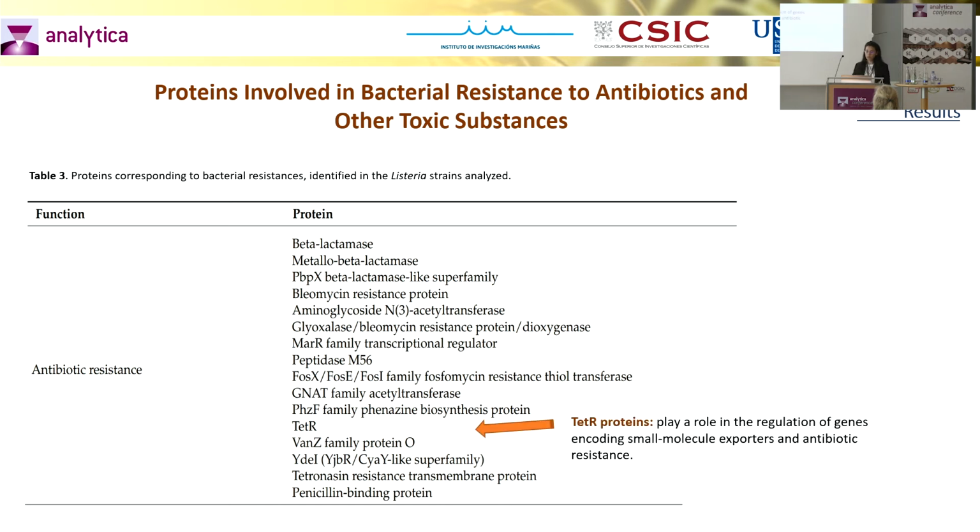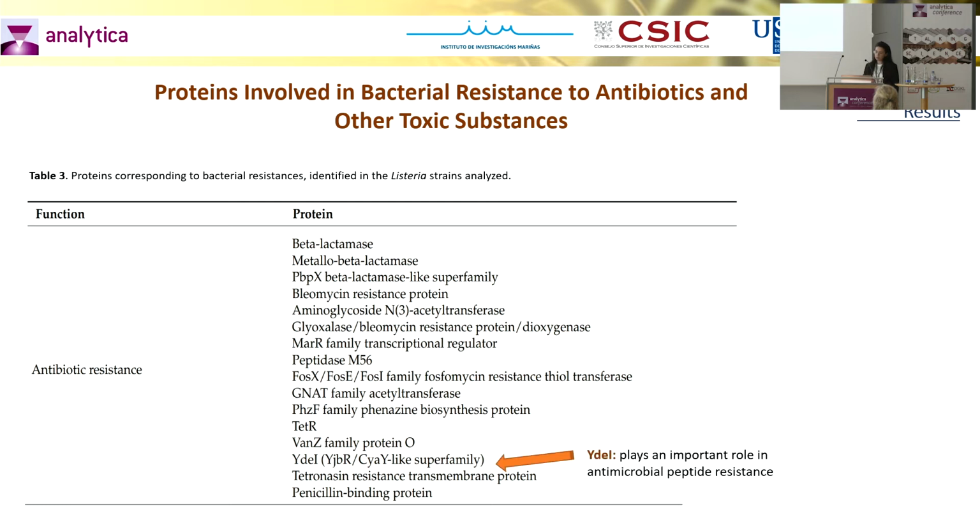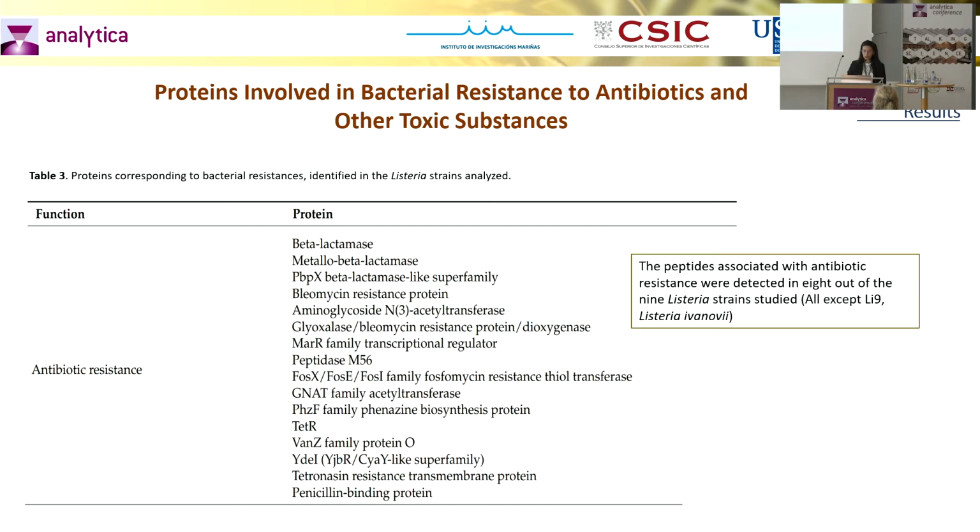Other example, TR proteins that play a role in the regulation of genes encoding small molecule exporters and antibiotic resistance. And the IDEL that plays an important role in antimicrobial peptide resistance. In all strains we have identified different peptides related to antibiotic resistance, except strain 9, that is a Listeria jonesii species.